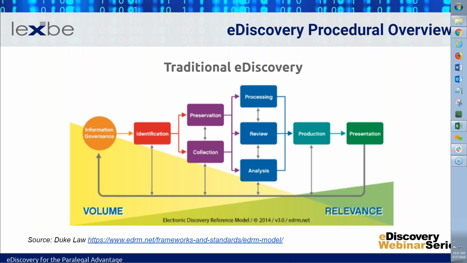The next stage, and almost the final stage of the bulk of your work when you're dealing with ESI, is producing. So you're delivering this to opposing counsel or opposing parties in the appropriate eDiscovery formatted production.